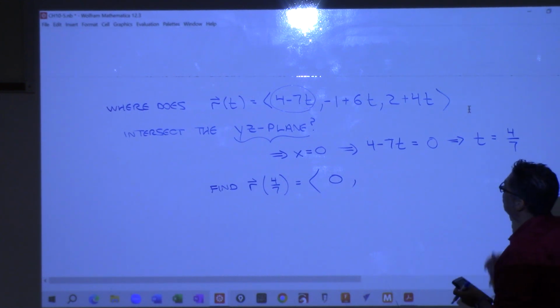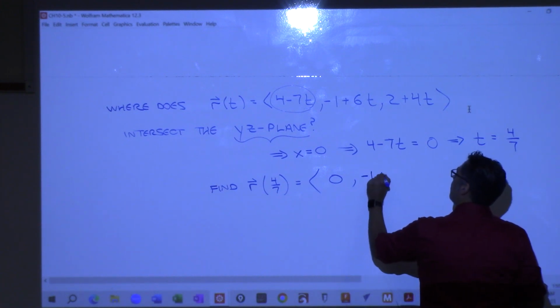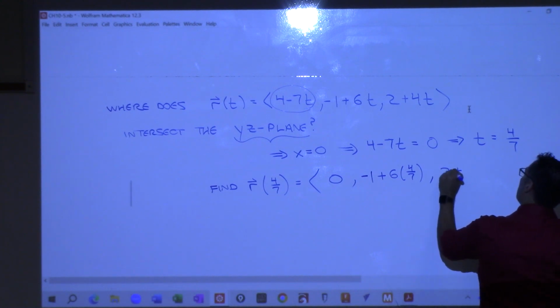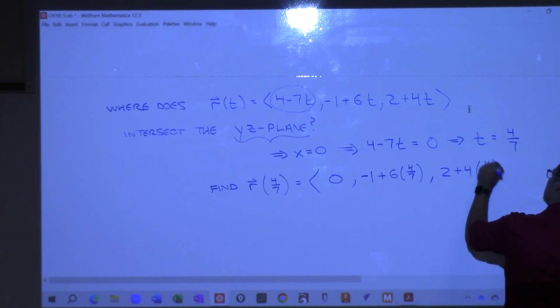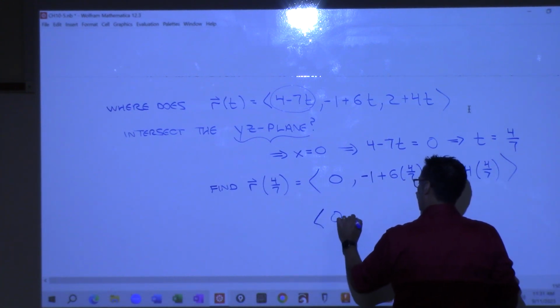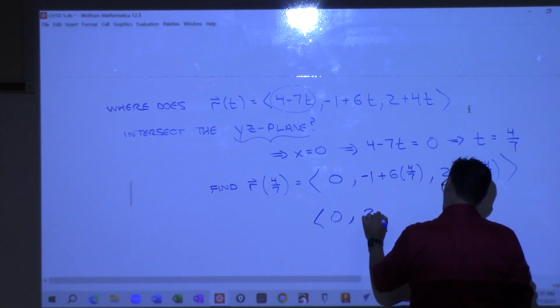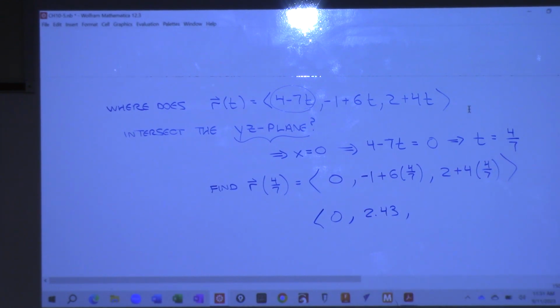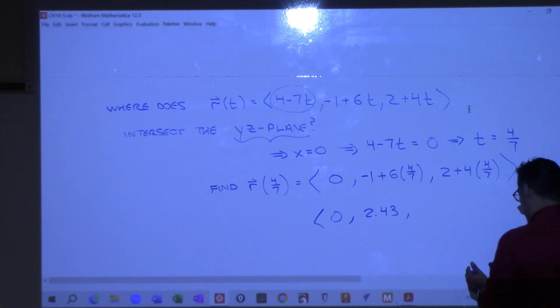So I'm just going to use my calculator. I'm going to do -1 plus 6 times 4/7. And then I'm going to do 2 plus 4 times 4/7. That's 16 divided by 7 plus 2, which is 30 divided by 7, minus 1. So I'm getting 0, an approximation of about 2.43, and then over here, whoa, 4.29.